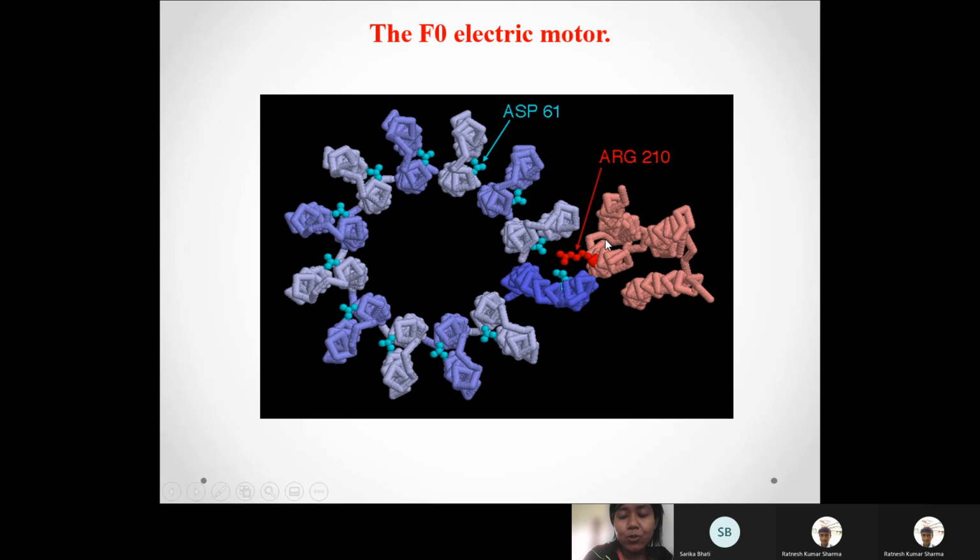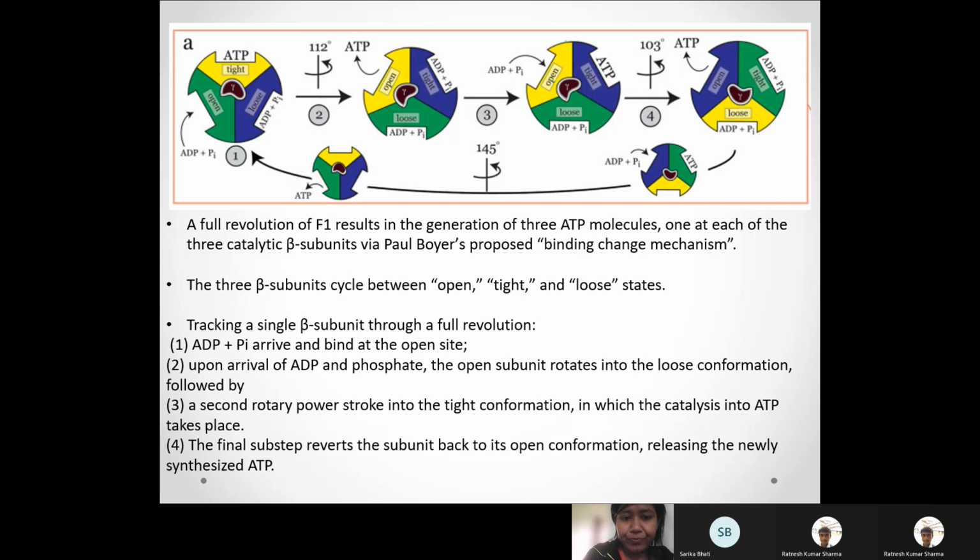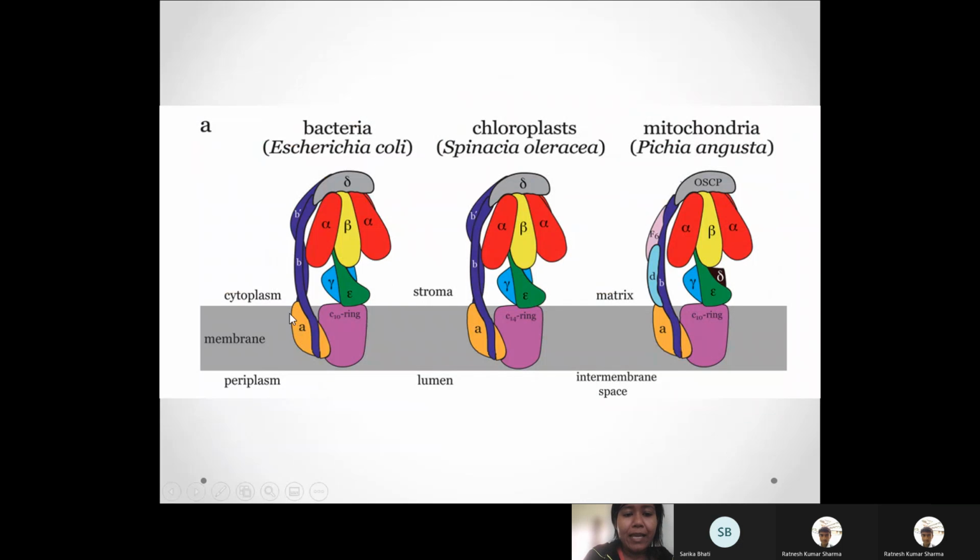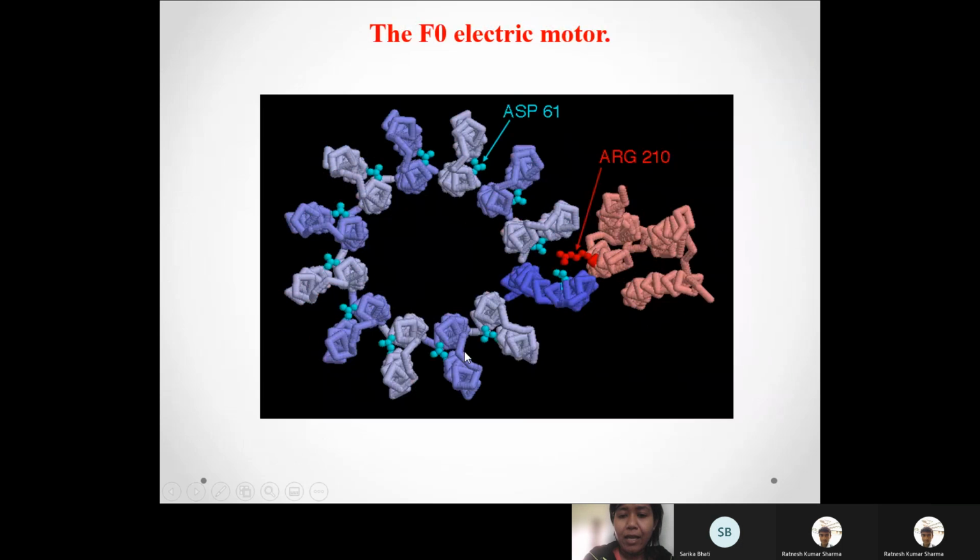And another thing that happens is the presence of this A. ये जो A subunit यहाँ पे आपको दिख रहा है, which is part of this complex that keeps the C ring attached to the head of the mushroom. This A is also part of the channel, the proton channel. And there is one residue here which is an arginine residue.